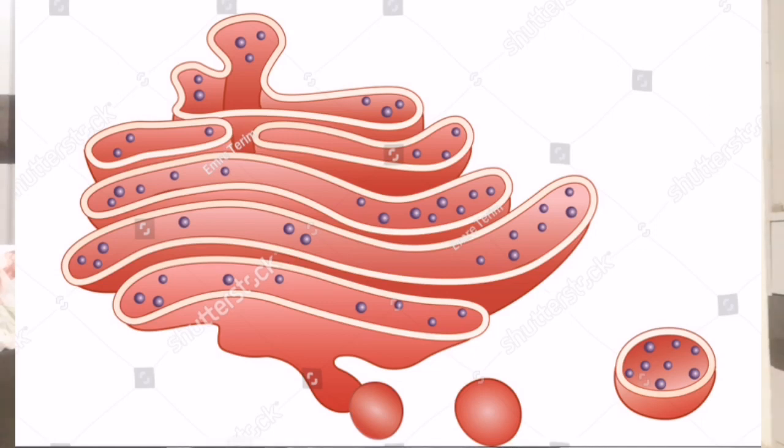Now this stack is known as cisterna, C-I-S-T-E-R-N. This stack formed by these parallelly placed flat tubes is known as cisterns. On the upper side and lower side of the diagram, you see various round bag-like structures which are the vesicles. So this is the structure of Golgi bodies.